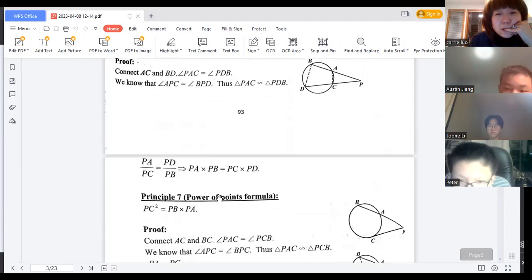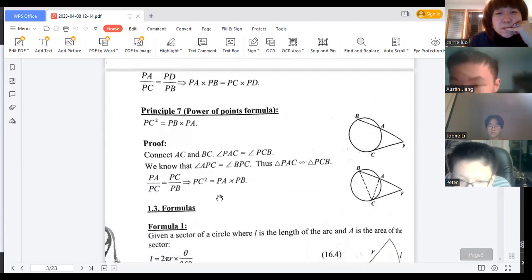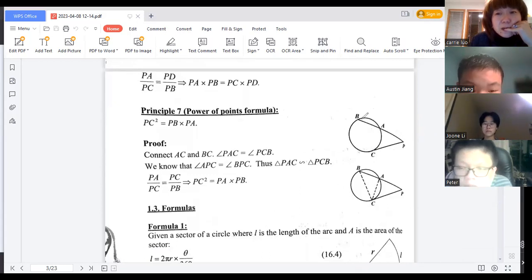要记住啊，OK，小朋友们，可以在自己的本子上稍微画一画，OK。So the power of a point formula. So PC squared. 那这个 PC 是什么？是 tangent to circle O，and PAB 是直接 intersect with the circle O at A and B, 2 points. So PC squared equals PA times PB.